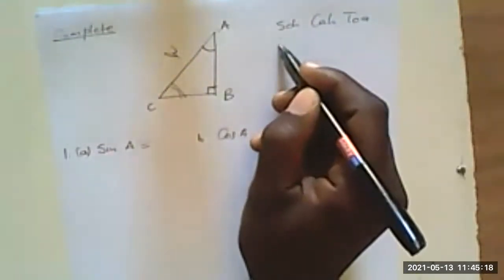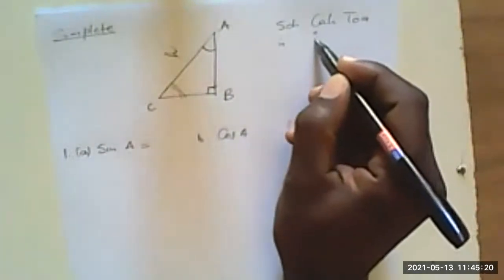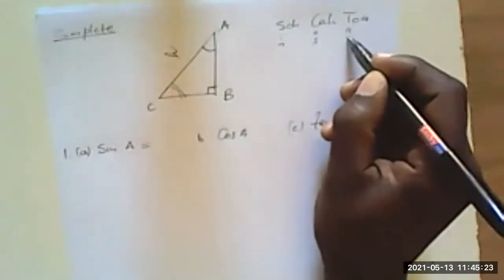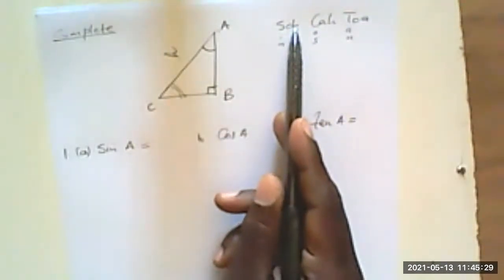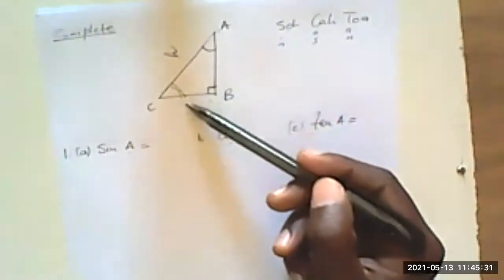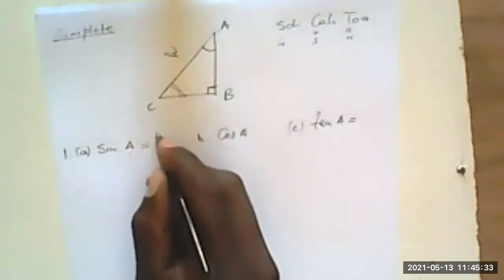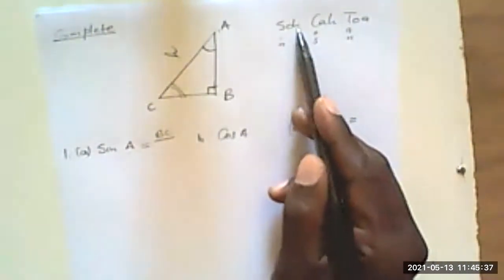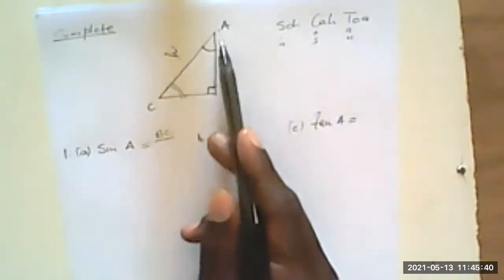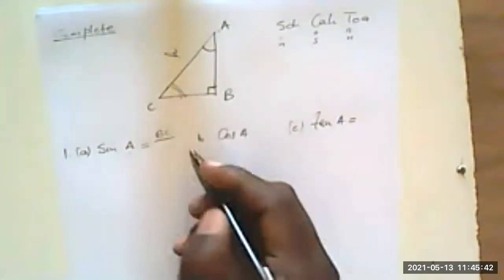That is sin, cos, and then tan. Let's start with sin. Sin is opposite over hypotenuse. That is the opposite of A, which is BC, over H, the hypotenuse. The hypotenuse is AC.